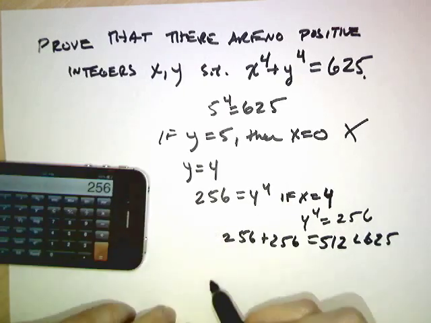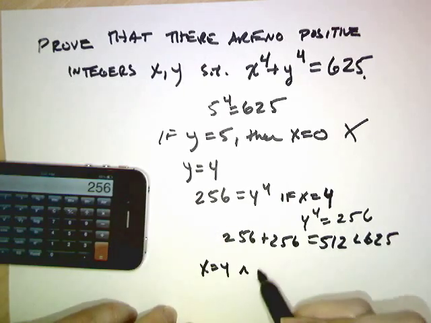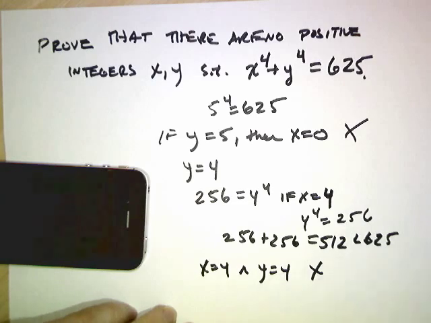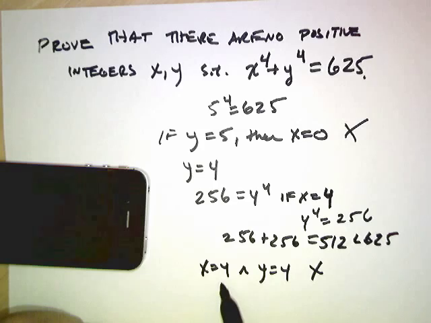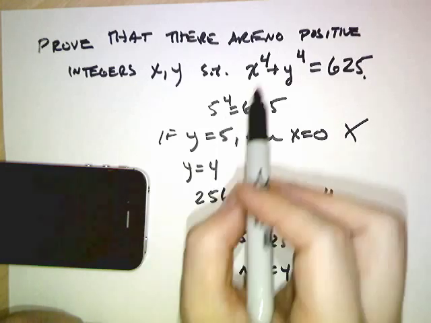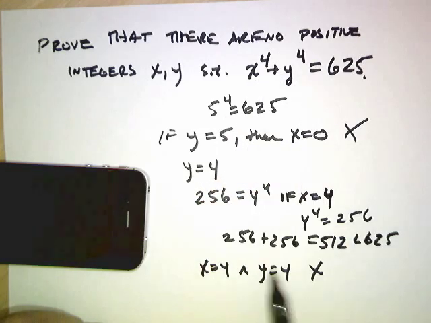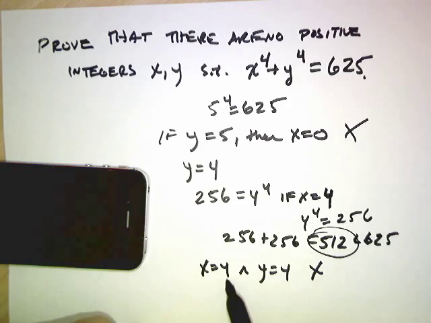So we just found out that x equals 4 and y equals 4 also doesn't work. But now if we let x be any value less than 4, or y be any value less than 4, and we take their fourth powers and add them, we're going to get something less than 512. Right? When x was equal to 4 and y was equal to 4, we were able to get 512.